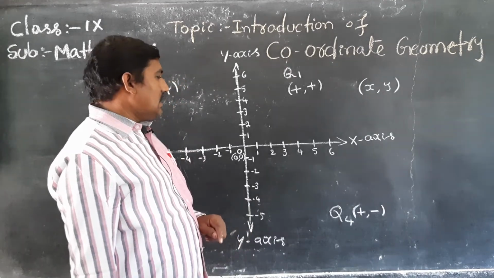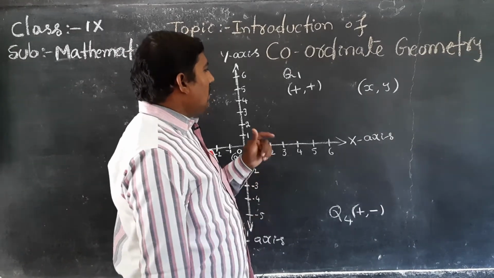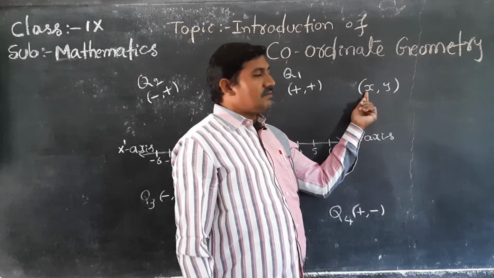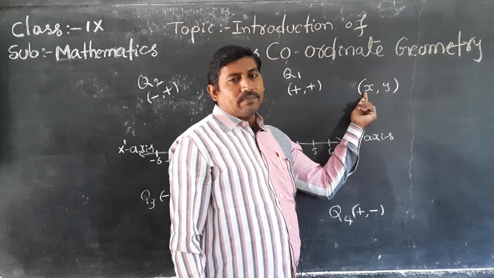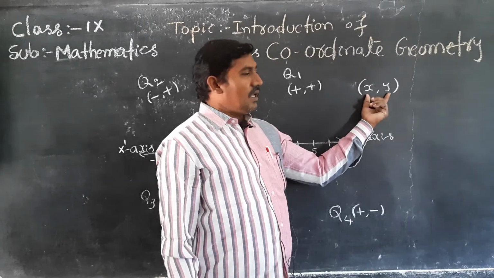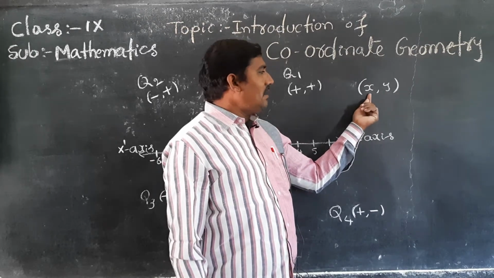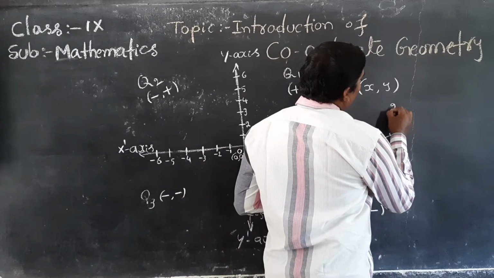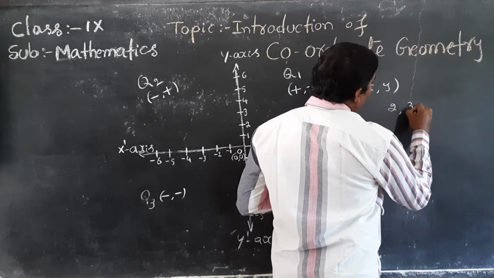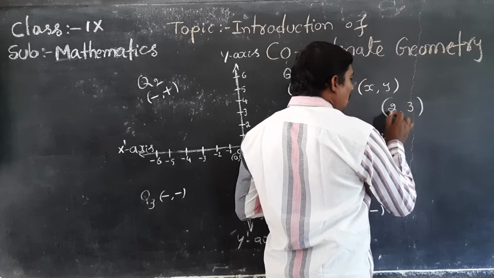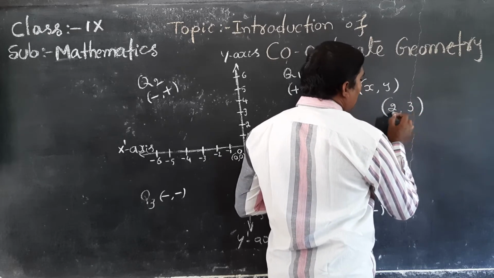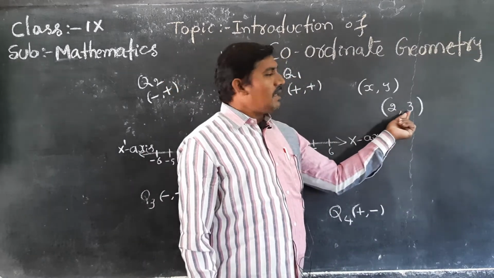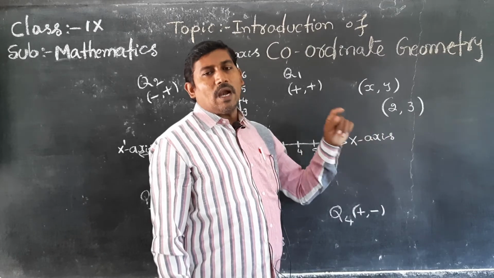Okay, in a coordinate, the first value, the x value, is called the abscissa. Say, for example, 2 comma 3: both the x value and the y value are there, x comma y, and that is called a coordinate.